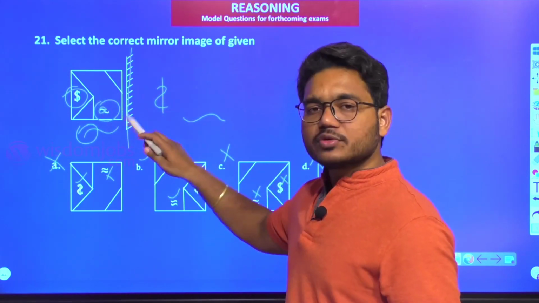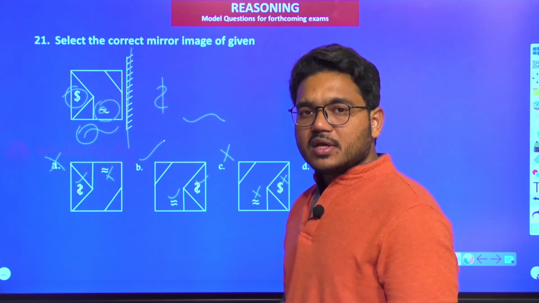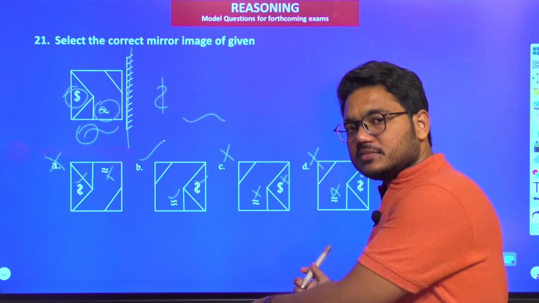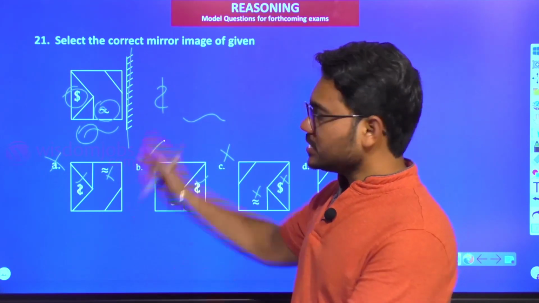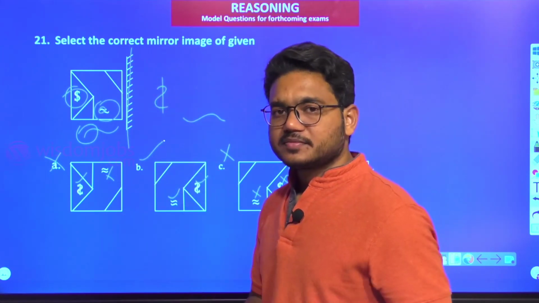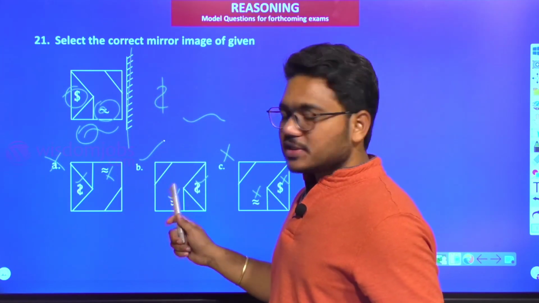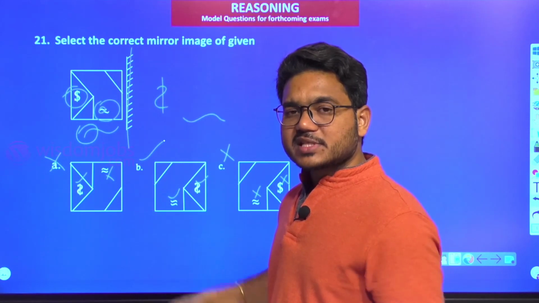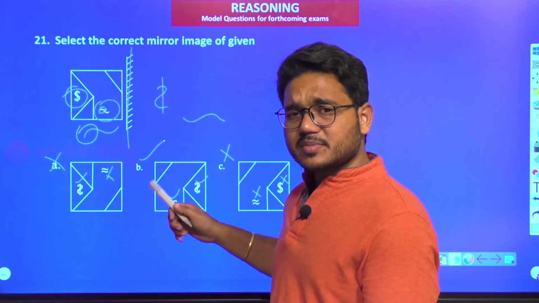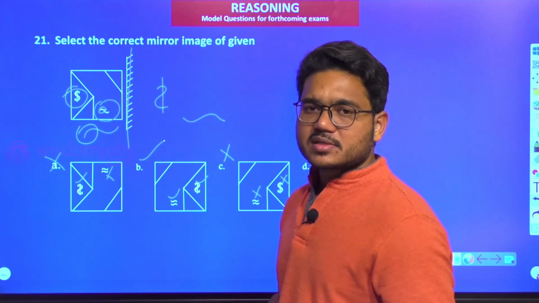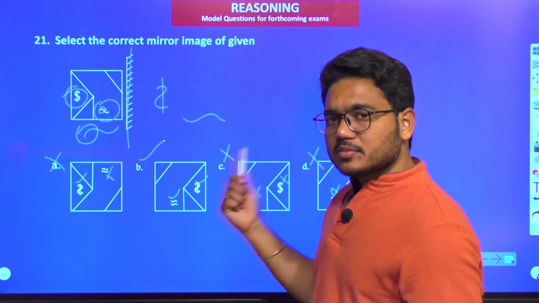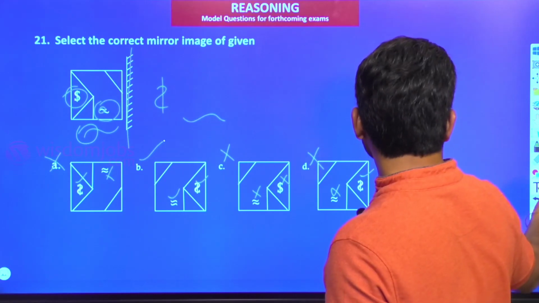So how the signs could be, the mirror image of those. If you could eliminate the other answers, obviously our answer is this thing, because checking each and everything will take more time, isn't it? So please save time by sometimes eliminating this. Try to make the problems as simple as possible. Let us move ahead with another one.